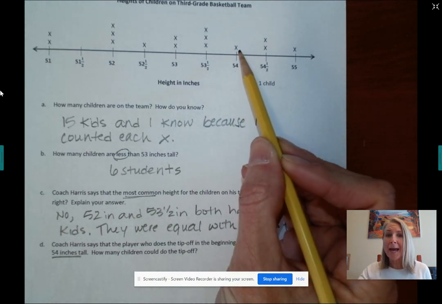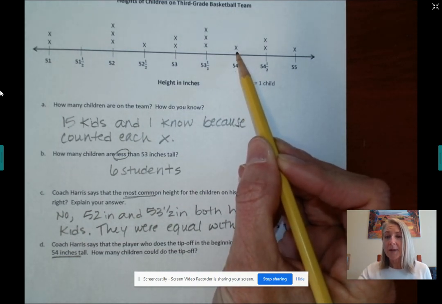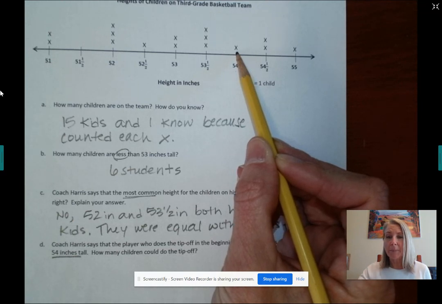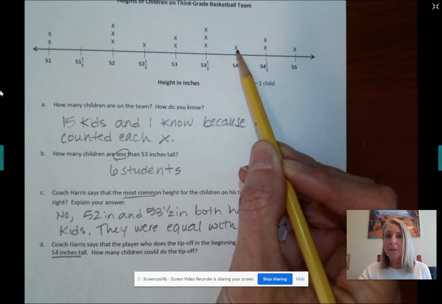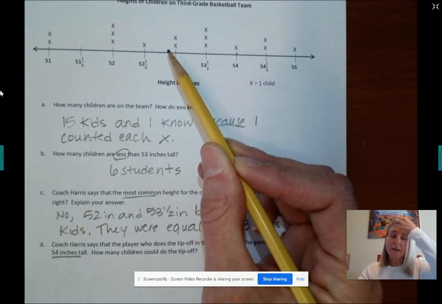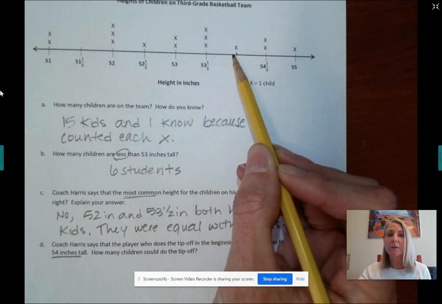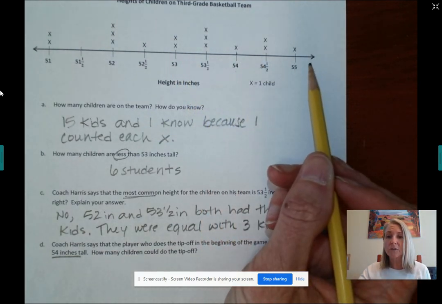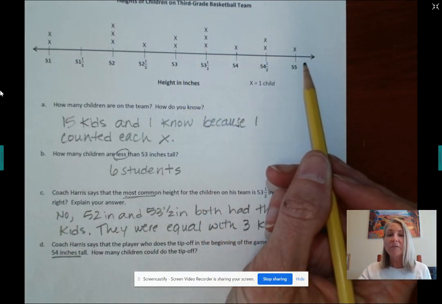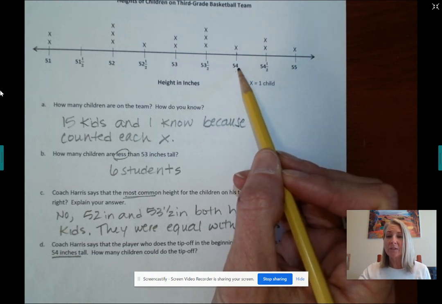So when we go to our line plot, they have to be at least 54 inches tall. At a minimum, this kid right here qualifies for the tip-off. There are other kids on here who also qualify. Would we look this direction where they get shorter, or this direction where they get taller, if they have to be at least 54 inches? This is also like when you go to an amusement park and you have to be measured for a ride.